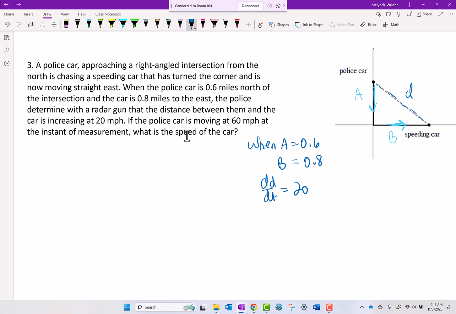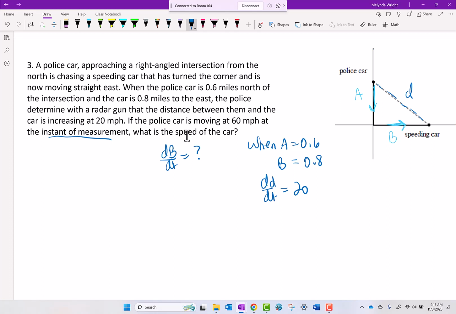If the police car is moving at 60 miles per hour at the instant of measurement, so this is at one point in time, we want to know what the speed is, so we want to know dB/dt equals question mark. That's the speed we're looking for.